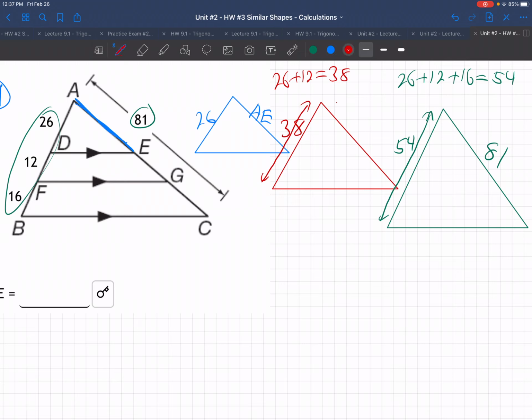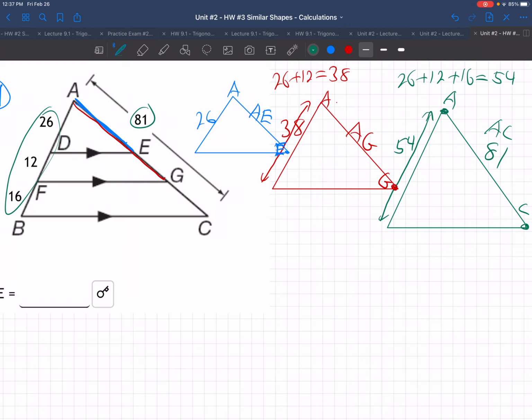And this one here is AG, because this goes all the way down to G, right, A to G. And then the big one is A all the way down to C. AC, right? So I just had the small, medium, and large, and then you just set up the ratios.